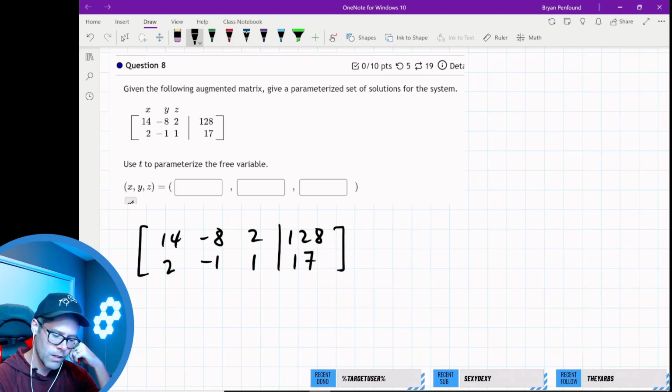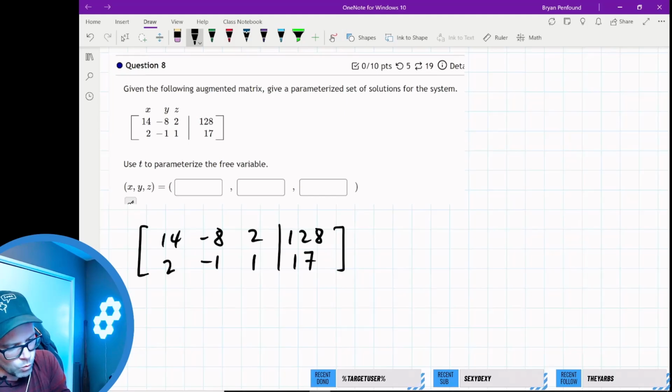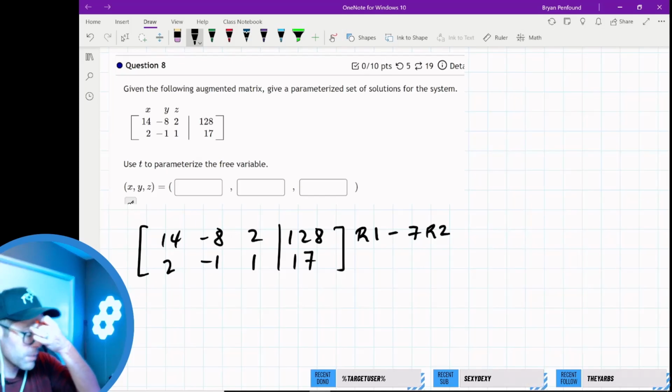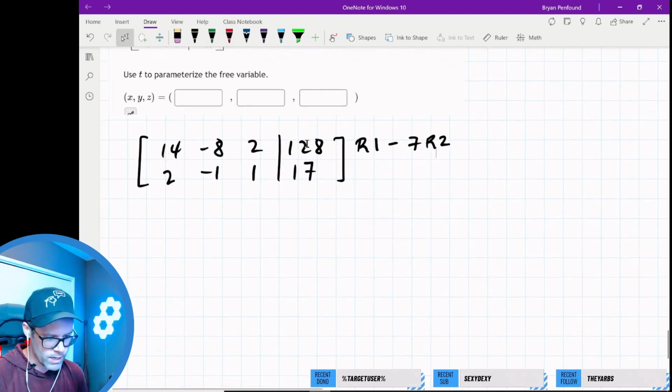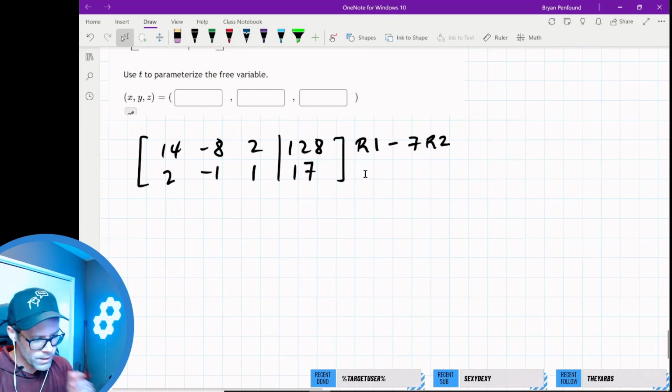So why don't we take row 1 and take away 7 row 2s? I'm going to use 2 as my pivot element, and then I'll move it up into that top corner where it needs to be after. But let's just get rid of this 14 and maybe reduce this 128 a little bit and see what happens.